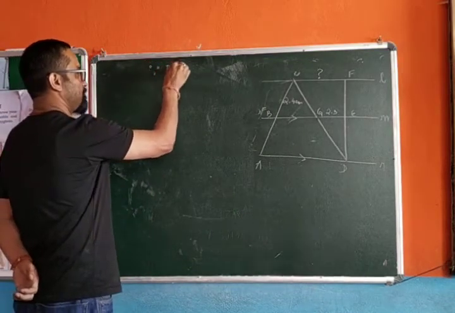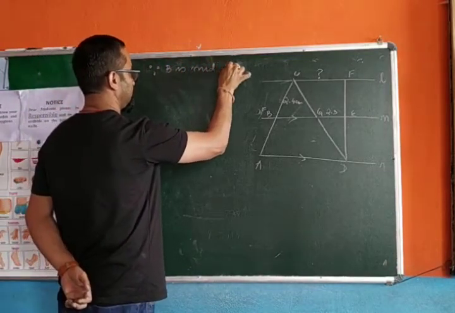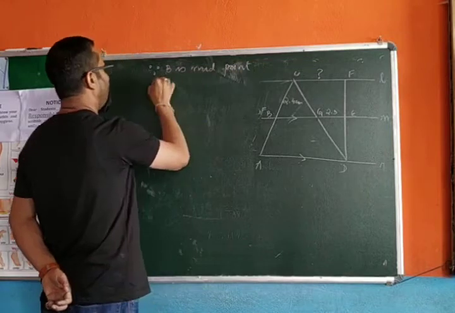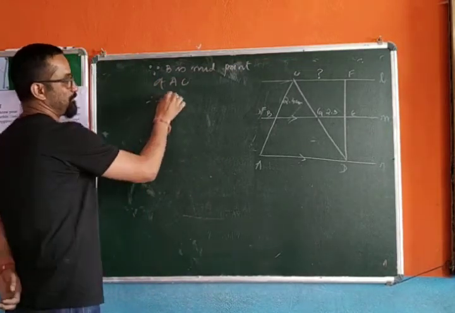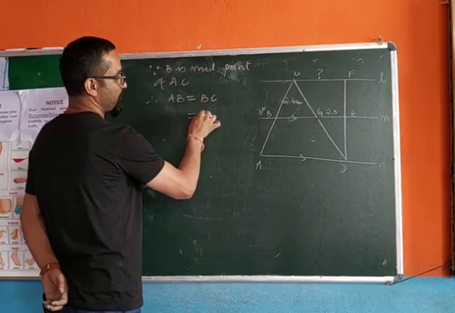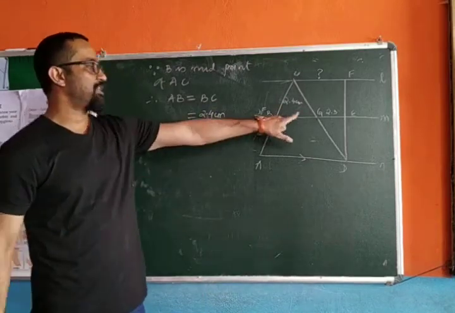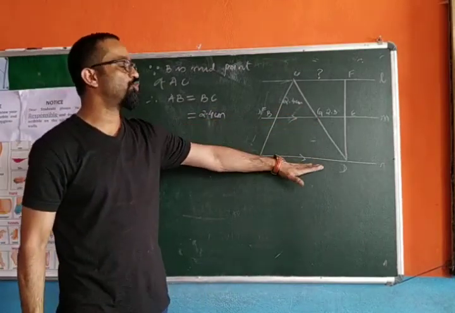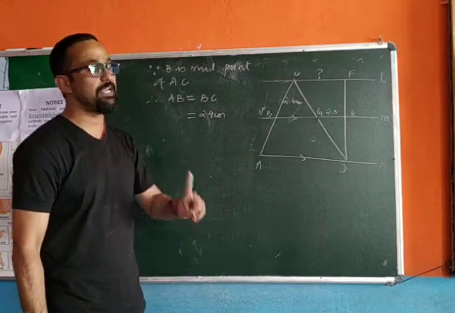Since B is midpoint of AC, therefore AB is equal to BC, 2.4 centimeter. A line passing through the midpoint and parallel to the third side also passes through the midpoint of the second side.